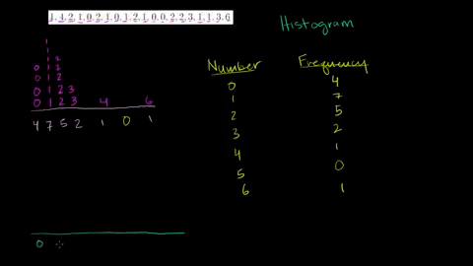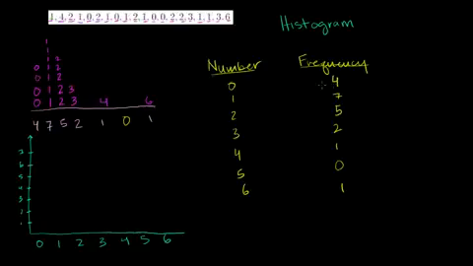So you have the numbers 0, 1, 2, 3, 4, 5, and 6. These are the actual numbers. And then on the vertical axis, we're going to plot the frequency. So 1, 2, 3, 4, 5, 6, 7.